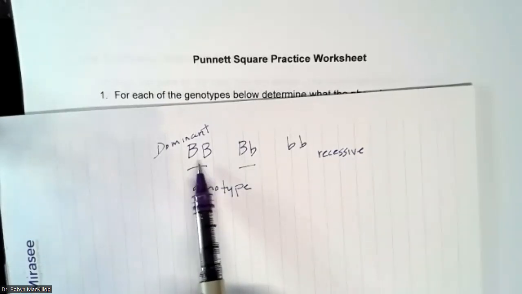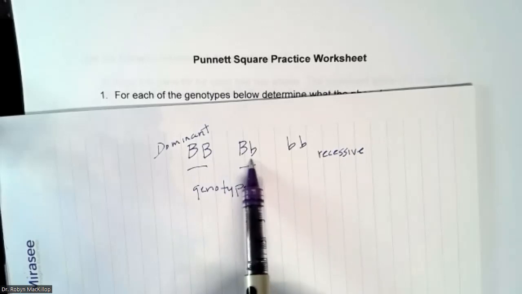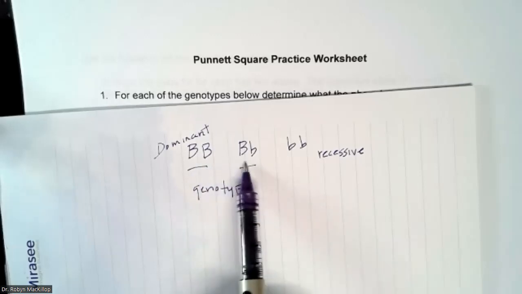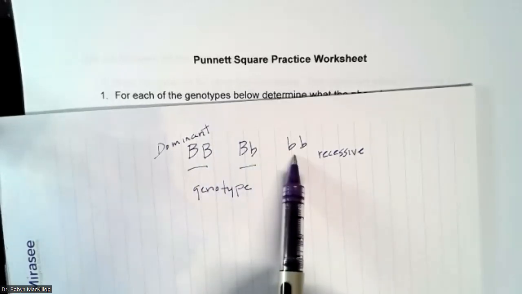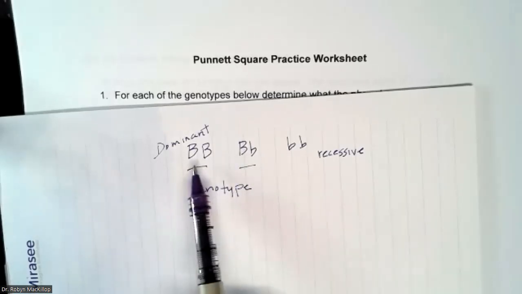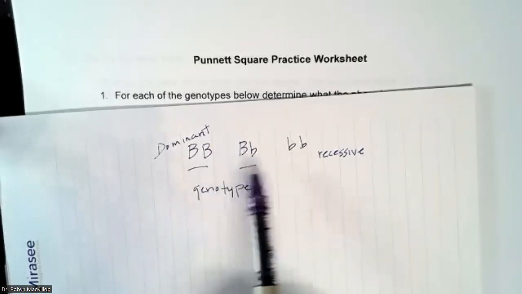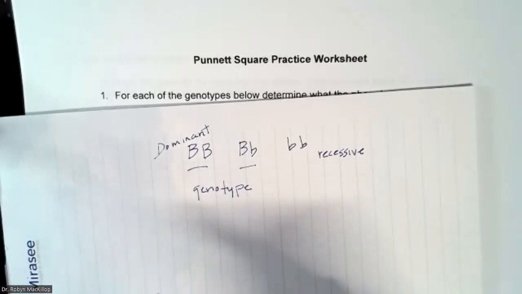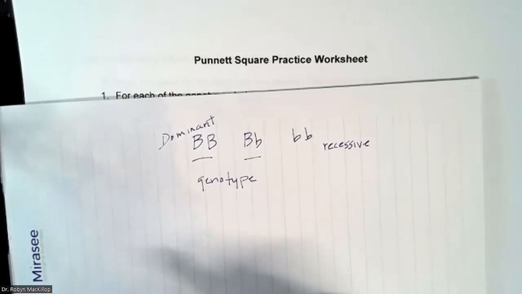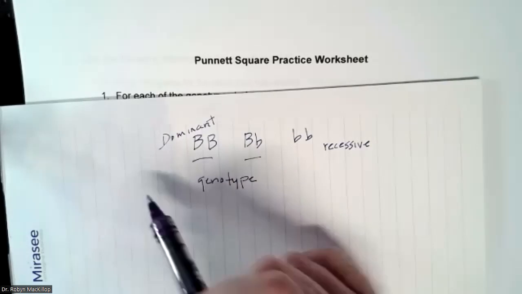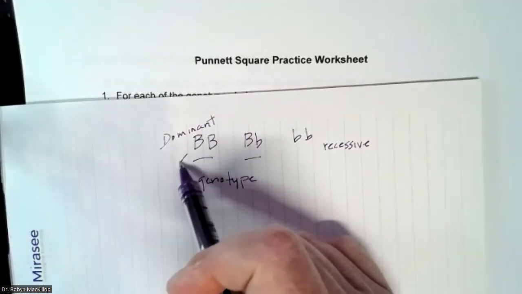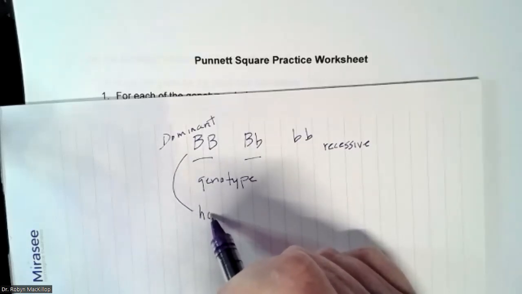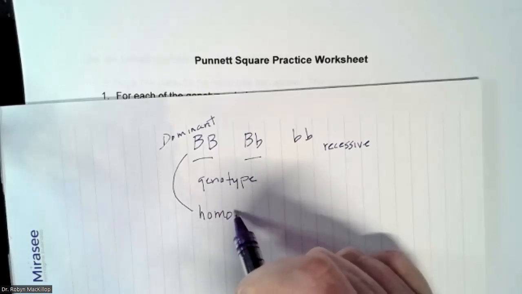Okay, so genotypes are the 2 letters, and there are only 3 genotypes: double dominant, dominant with a recessive, and recessive. And you only see the dominant, or you'll see the recessive if they're both recessive. So I'm going to throw some vocabulary at you. I don't want you to panic. It's a lot of vocabulary, but you don't have to define any of it. When you have 2 big B's, it is homozygous dominant.